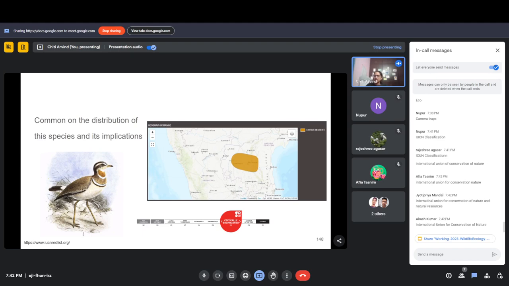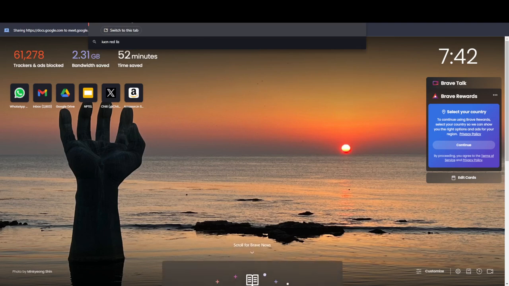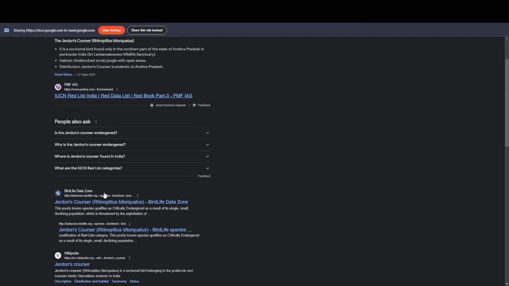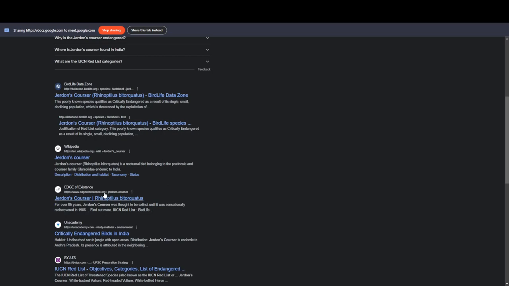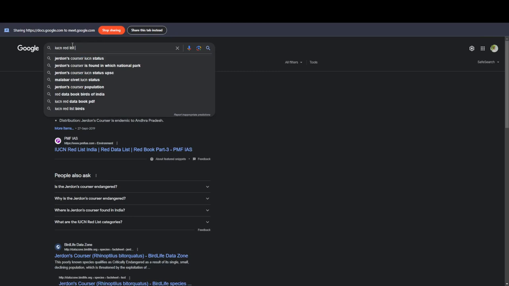And in the IUCN, you have a particular thing known as the Red List, right? You have the Red List of Threatened Species that basically classifies individuals based on whatever surveys have been done. Let me pull up the IUCN Red List.